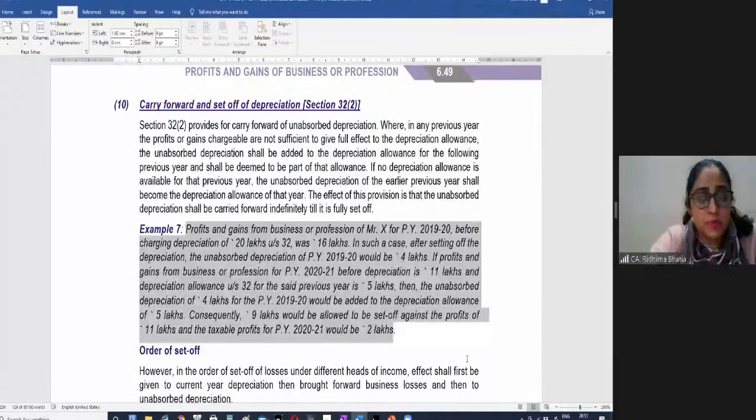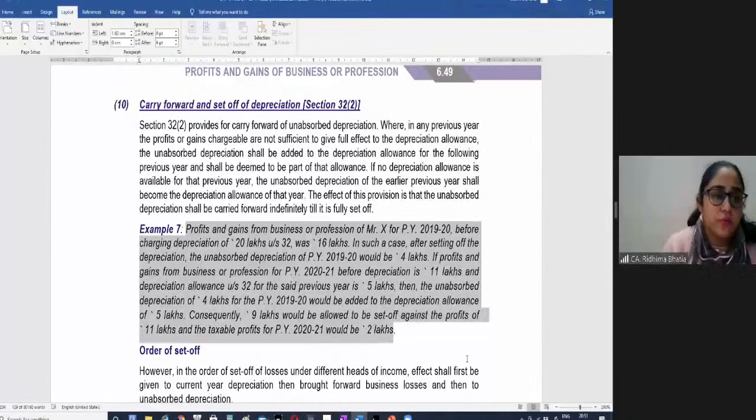The unabsorbed depreciation of 4 lakhs would be added to the depreciation allowance of 5 lakhs. Consequently, 9 lakhs would be allowed to be set off against the profit of 11 lakhs and the taxable profit would be 2 lakhs. Had the current year depreciation been 7 lakhs, first you will set off the current year depreciation and then the previous year depreciation.